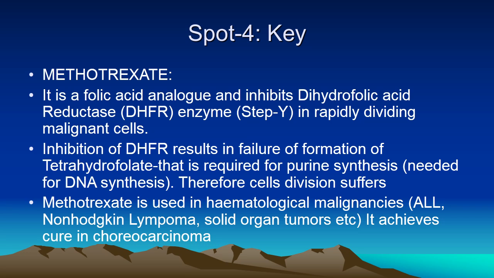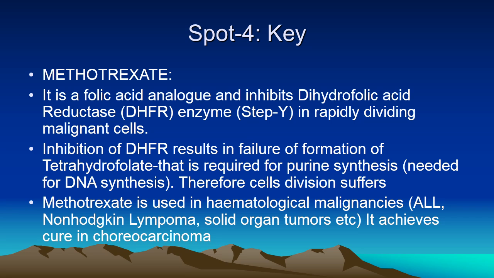It is a folic acid analog that inhibits dihydrofolate reductase, an enzyme that rapidly converts dihydrofolate into tetrahydrofolate. Its effects are seen in rapidly dividing malignant cells of the hematological system.